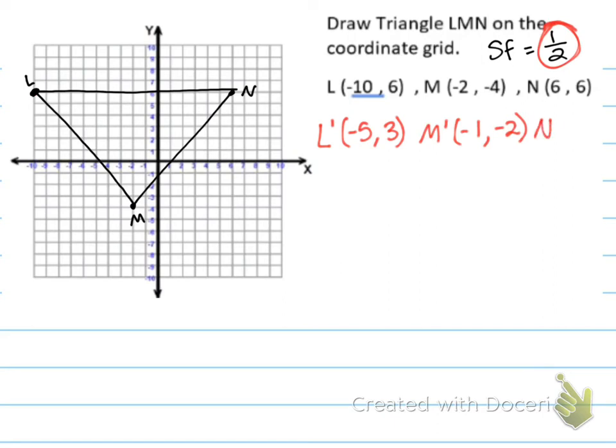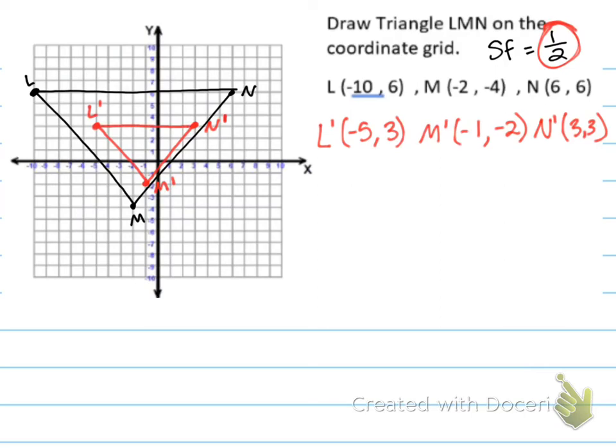And for N prime, I get 3, 3. Okay, so let's go ahead and graph those. Negative 5, 3 is my L prime. M prime is negative 1, negative 2, so right here. And then 3, positive 3 is my N prime. So when I connect them, you can see that it did get smaller by half, right?